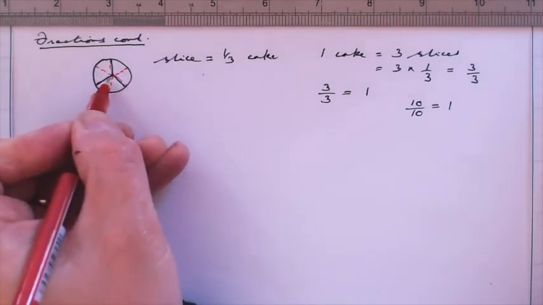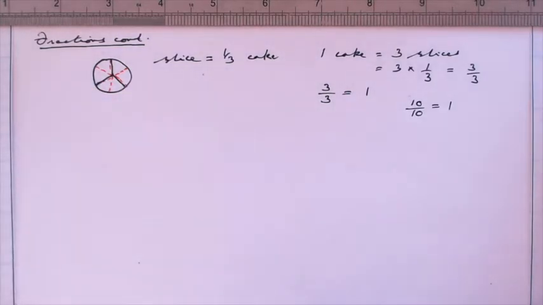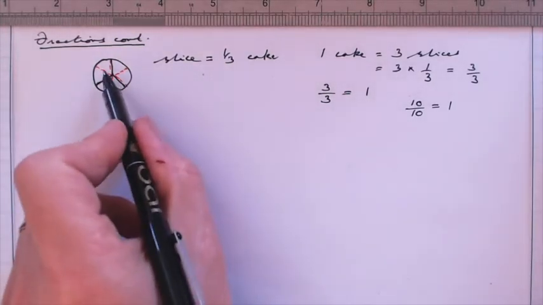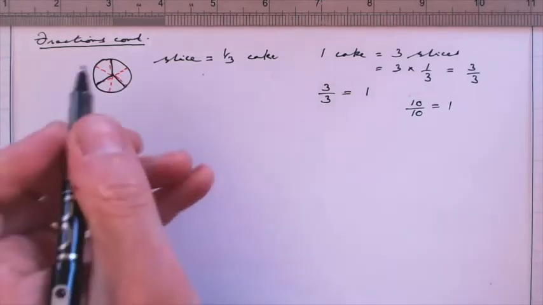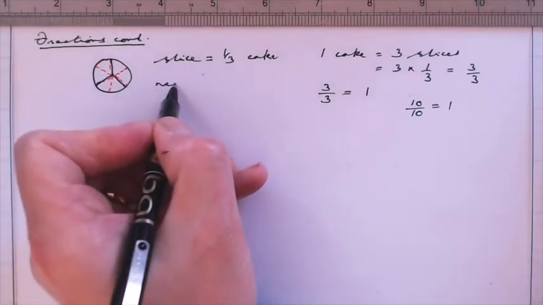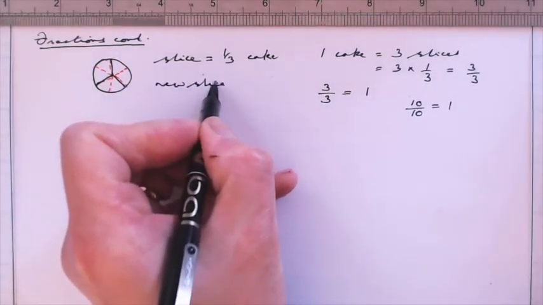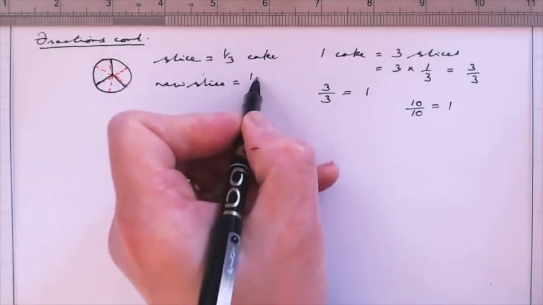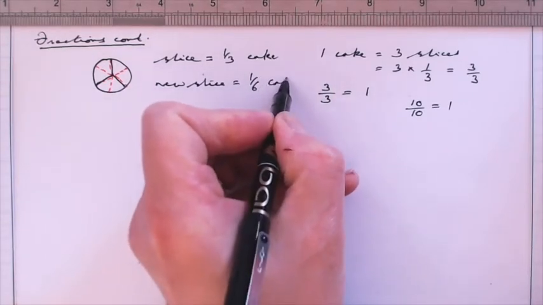And you see now, to accommodate the 6 guests, the cake now has 6 slices, so a new slice is equal to 1/6 of the cake.